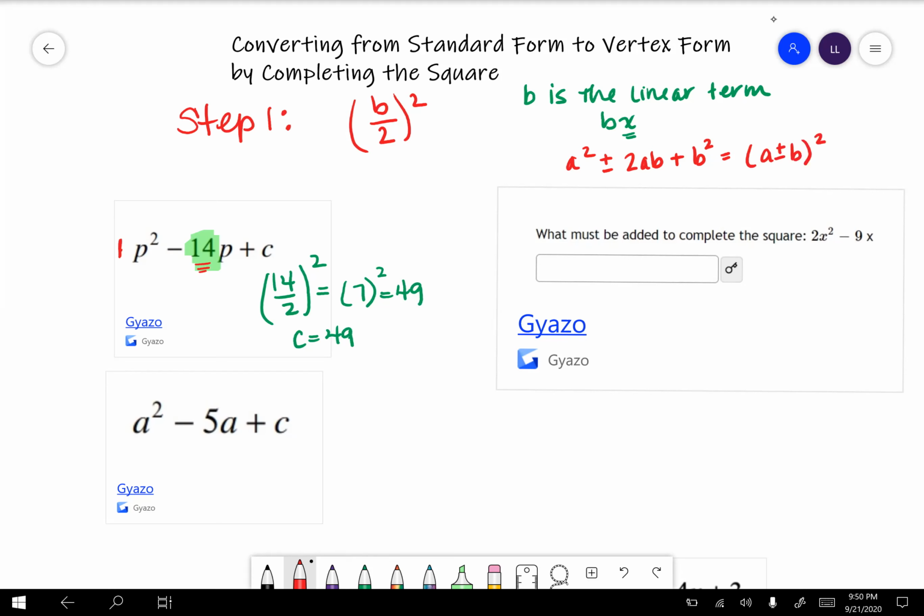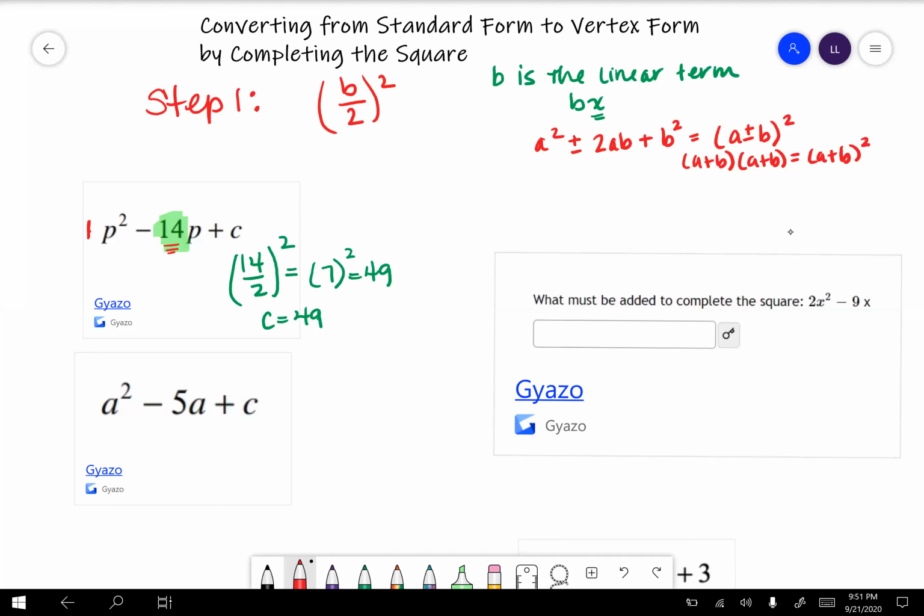So when I use that plus or minus, I'm saying that it's either a plus b times a plus b, which is the same as a plus b squared, or a minus b times a minus b, which can also be written as a minus b squared.